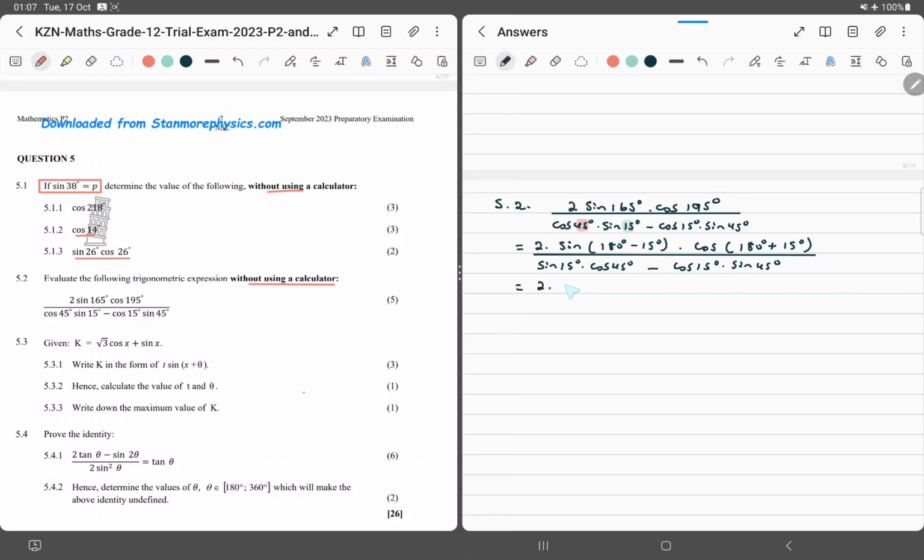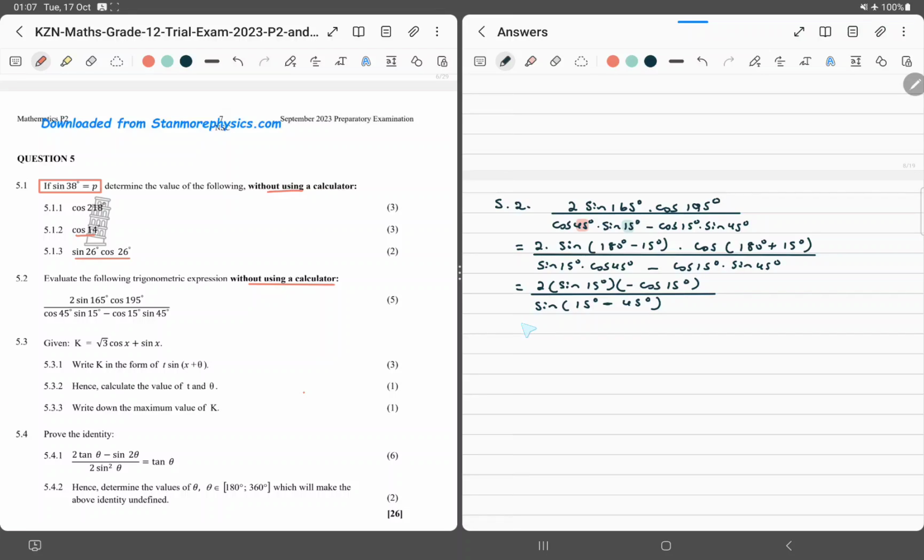So this is basically 2 into sine 15 degrees, because sine in the second quadrant is positive, multiplied by negative cos 15 degrees, because that's the third quadrant. This is divided by, now we can see this is definitely a compound angle of sine. So this is the same as sine of the first angle, which is 15 degrees, minus, that sign never changes, the second angle, which is 45 degrees.